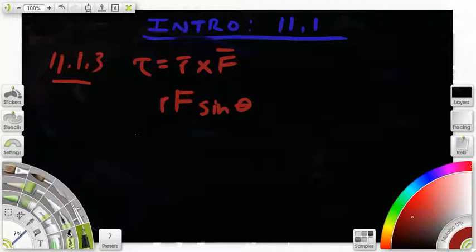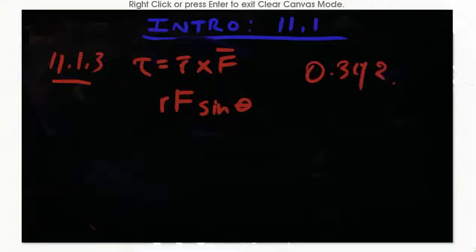Let's see if I can find the calculator here. And just as a quick warning, the correct answer is 0.3434303 Newton meters.